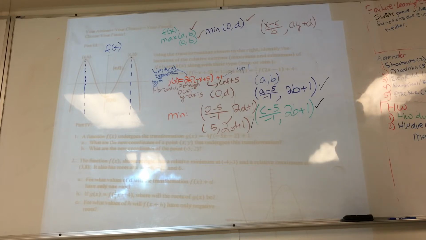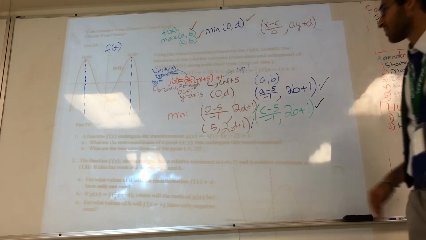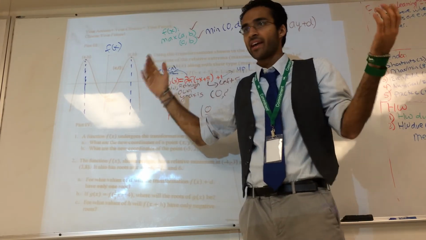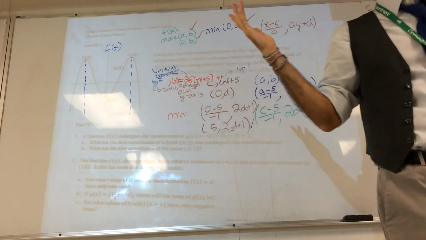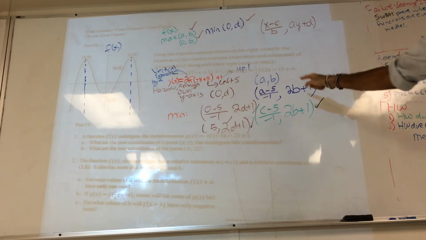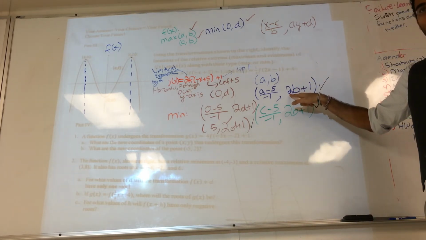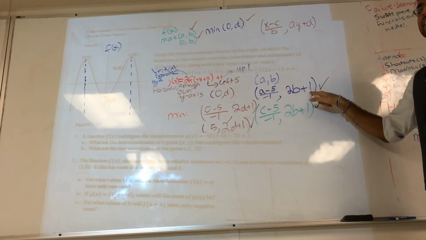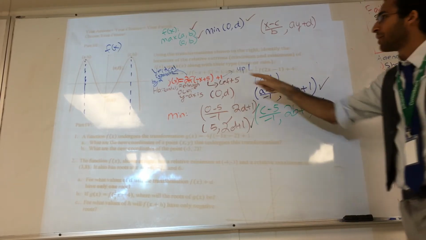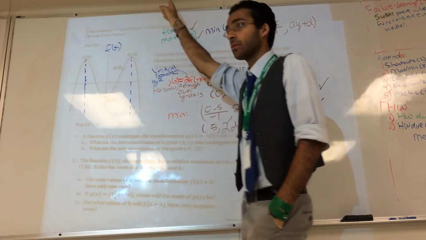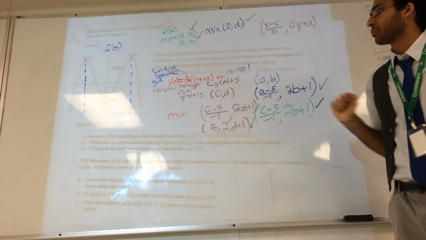So I think a different way to think about it is this. B is a positive number. I have no idea what it is. 10, 20, 30, a million, some positive number. Some positive number times a positive number is a bigger positive number. Plus 1 is an even bigger positive number. So basically these are just going straight up the page. But think about 2D plus 1.